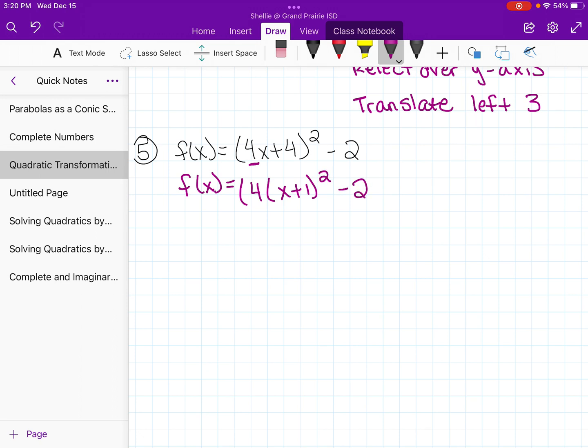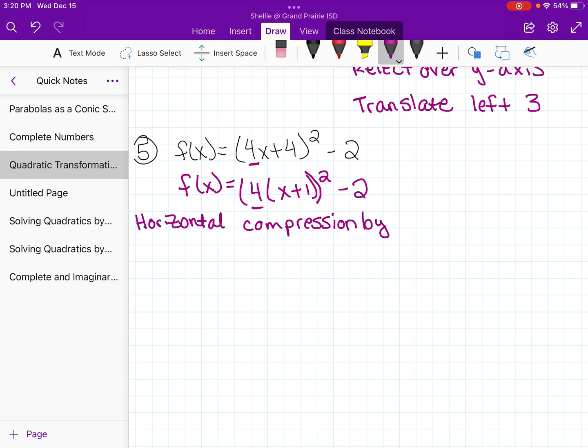That should be 2 parentheses, sorry about that. I want to make sure that everything in my parentheses is always completely factored. Now I'm ready to find my transformations. This 4 in the front is going to be a horizontal compression because 4 is greater than 1. Horizontal compression by, and now here's the weird part. You would think it'd be by 4, but you would be wrong. We actually do our horizontal compressions by 1 over b.